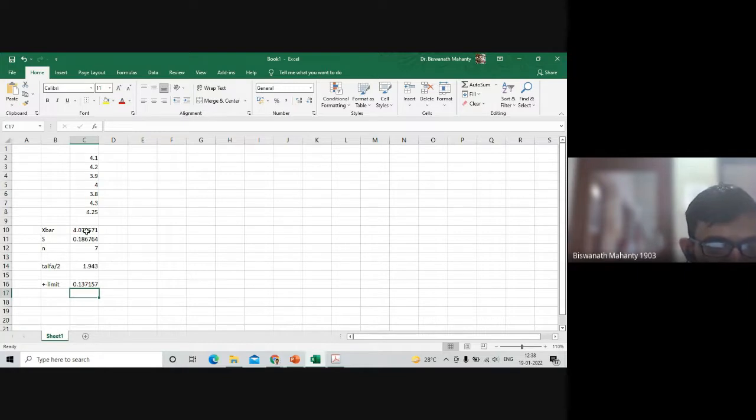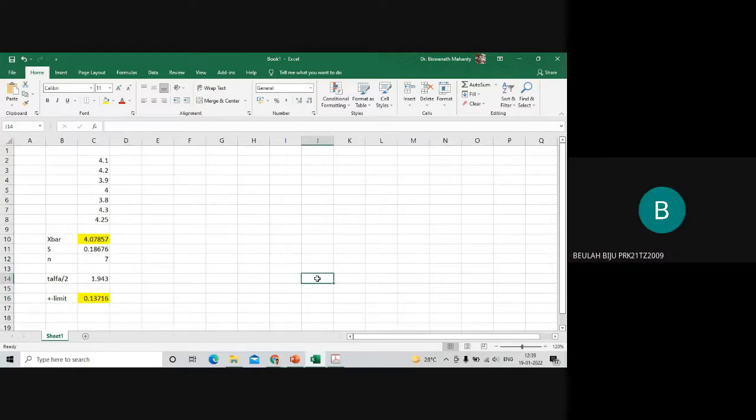So what will be the limit? You will say my limit will be 4.078. This is the number, and plus minus this. Do you understand how I am doing? Yes or no? Are you understanding? No, sir.